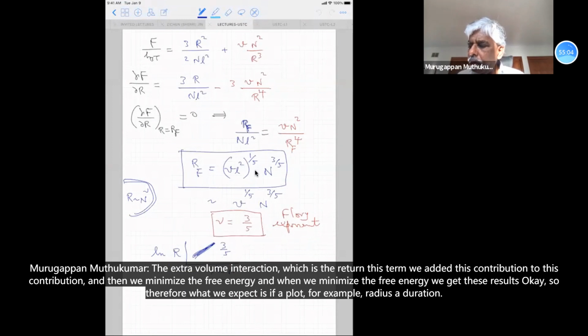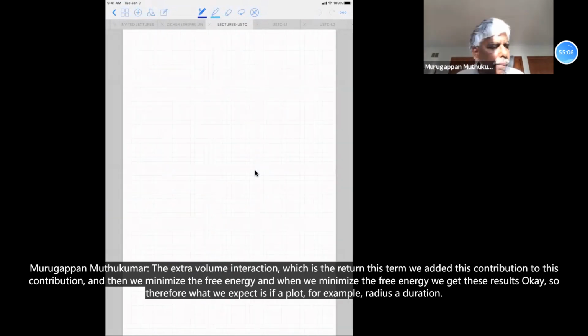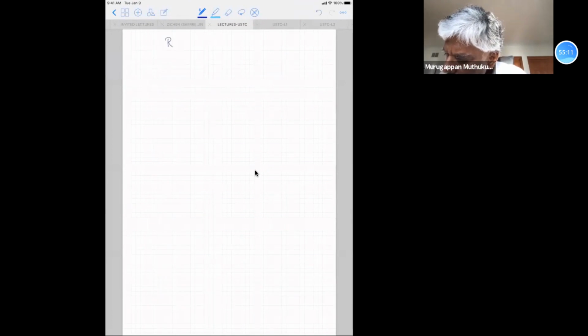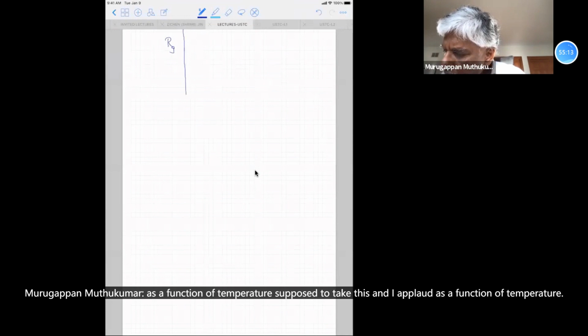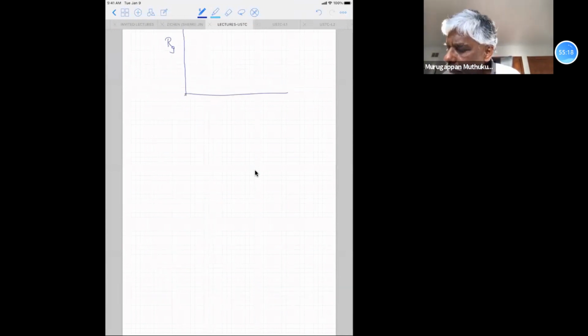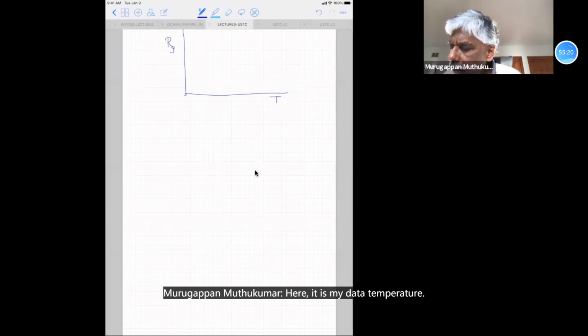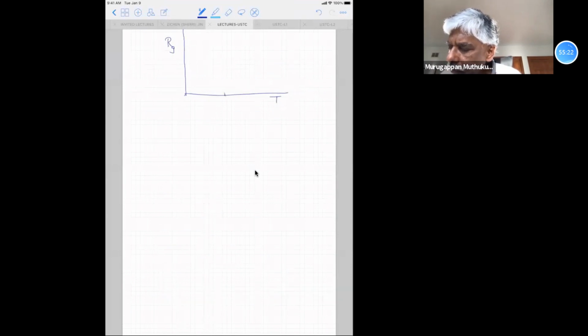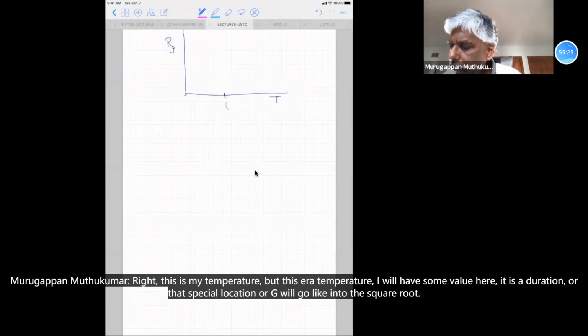So therefore, what we expect is, if I plot, for example, radius of gyration as a function of temperature, here is my theta temperature. At this theta temperature, I will have some value here. At that special location, Rg will go like n to the square root.